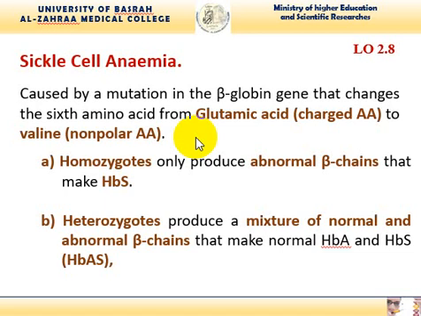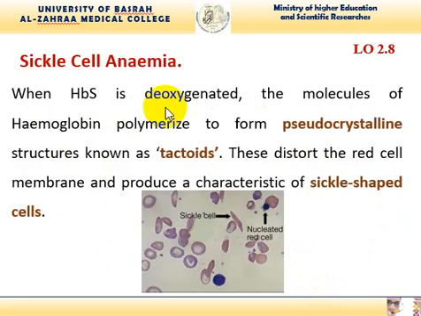Sickle cell anemia could be homozygous, which means only abnormal beta chains are produced, leading to hemoglobin S, or heterozygous, which produces a mixture of normal and abnormal beta chains, making both normal hemoglobin A and hemoglobin S. The pathology of sickle cell anemia occurs when hemoglobin S is deoxygenated.